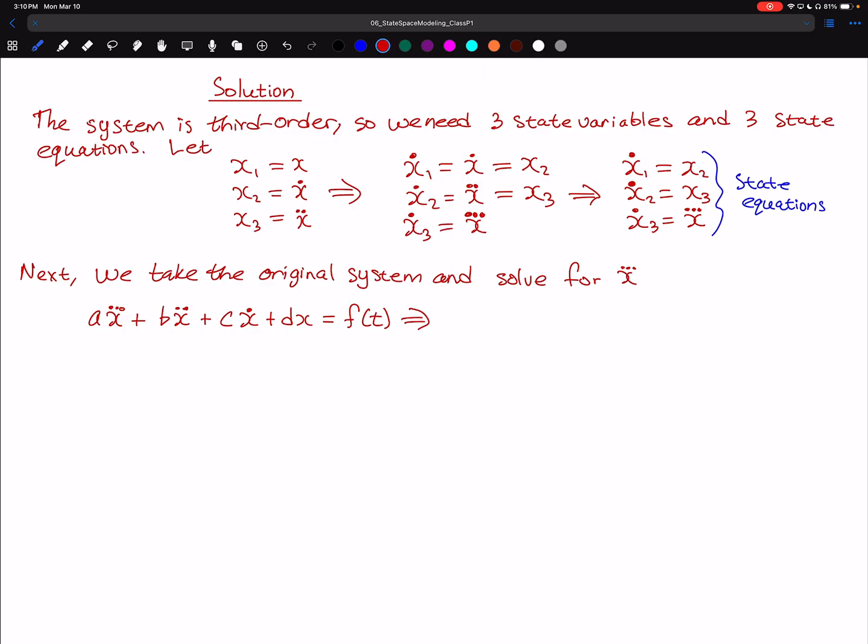We can solve then for x triple dot, and we're going to get x triple dot equal to minus b over a times x double dot minus c over a x dot minus d over a x plus 1 over a times f of t.